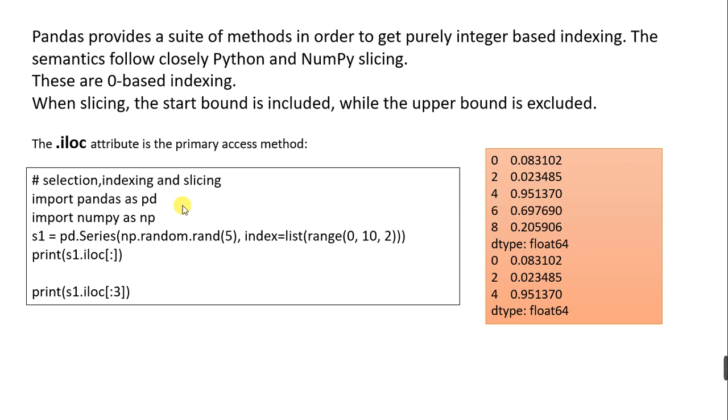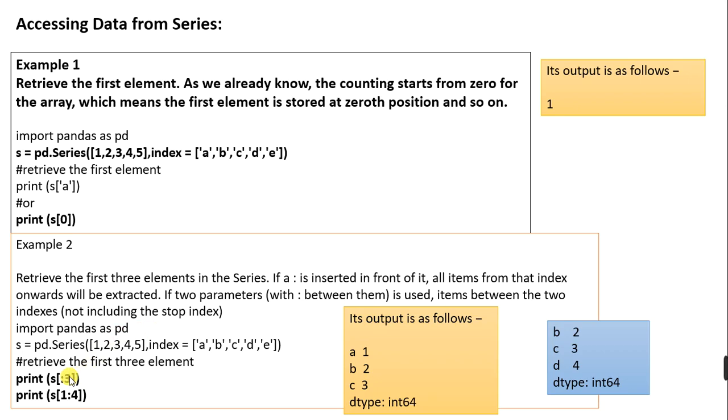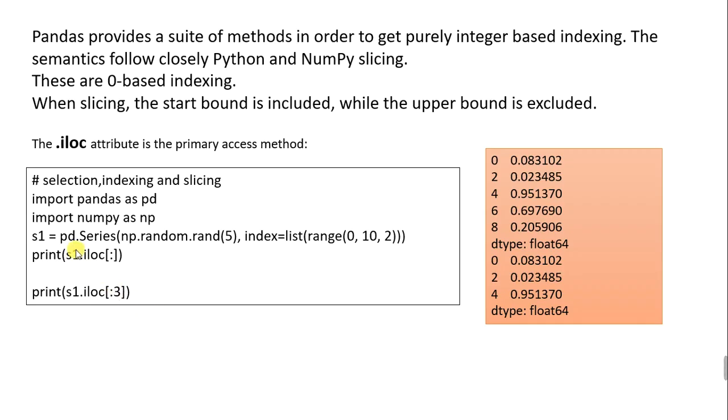Now the index based location attribute is the primary access method, and it will be used the same way. We will be using series name dot iloc. If I put this colon symbol, that means I have not given any start value and stop value, so it will give me the full list of the series that is generated.